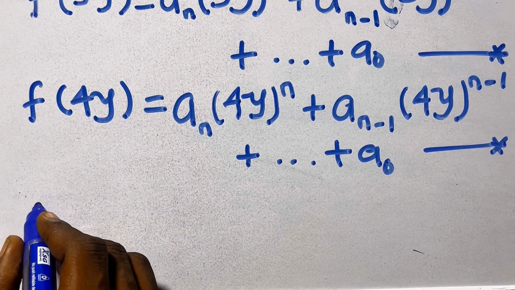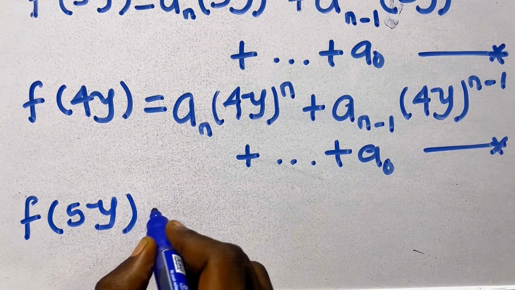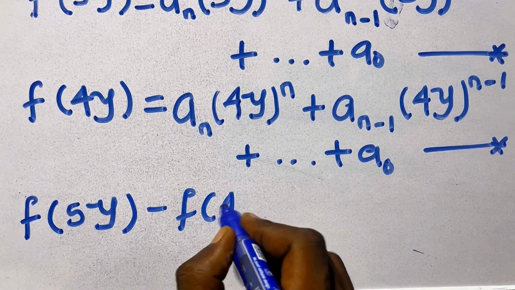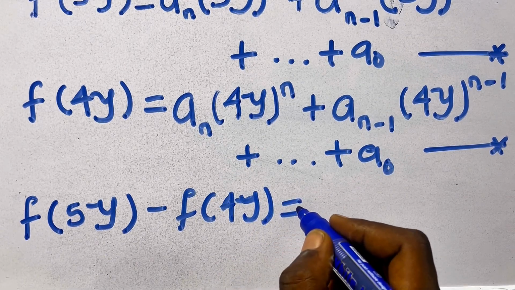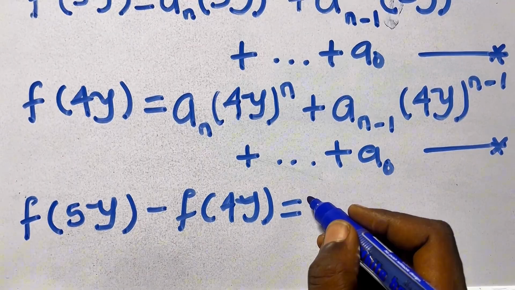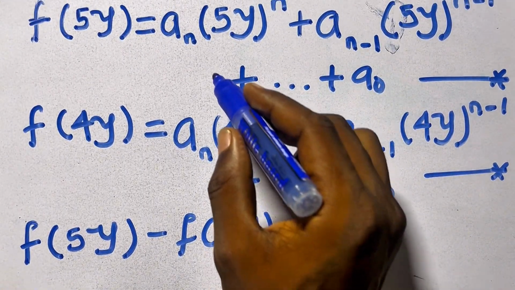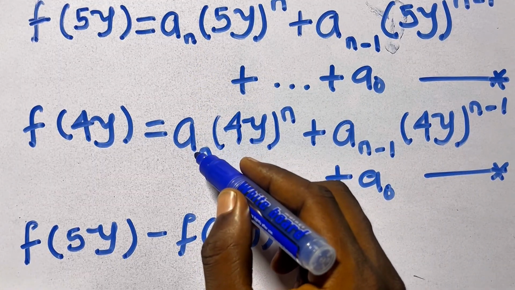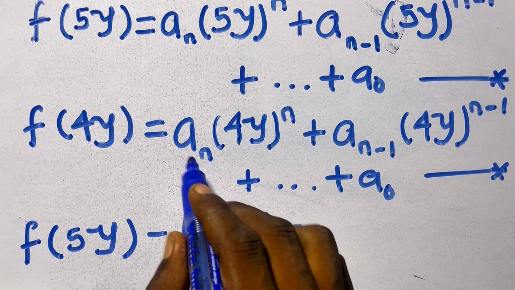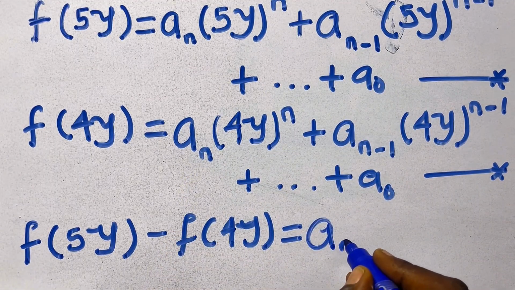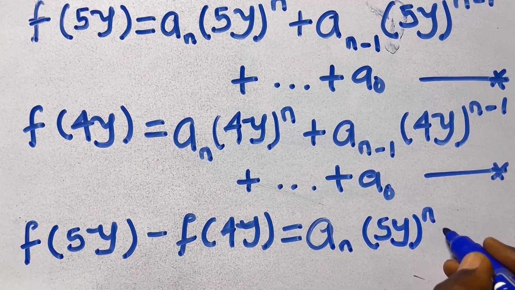We have f of 5y minus f of 4y, which will equal a subscript n, 5y raised to power n, minus a subscript n, 4y raised to power n.